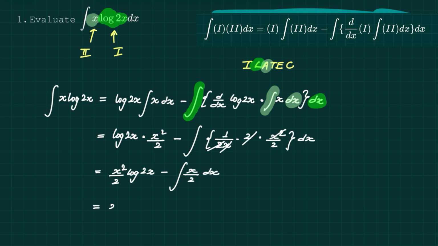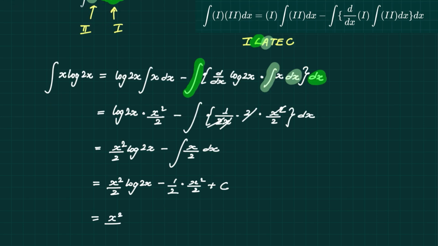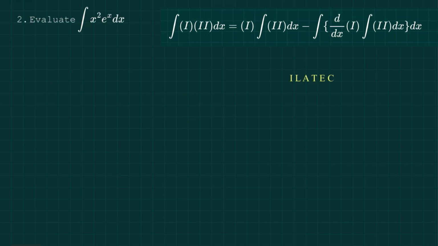This equals x square by 2 log of 2x minus 1 by 2, which is constant, and integration of x is x square by 2 plus the constant of integration at last. And this equals x square by 2 log of 2x minus 1 by 4 x square plus c.